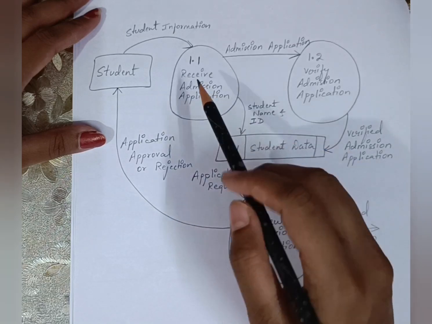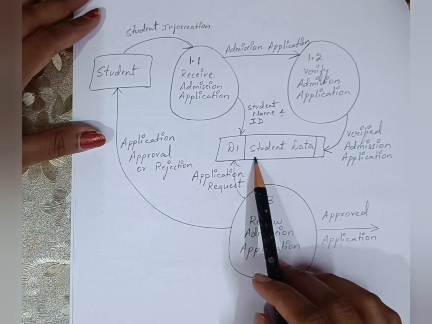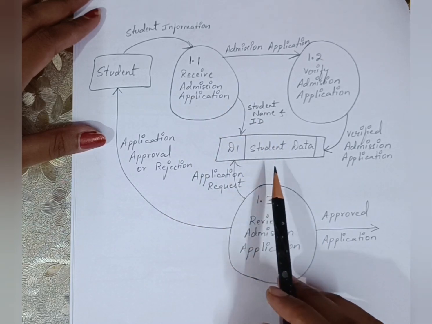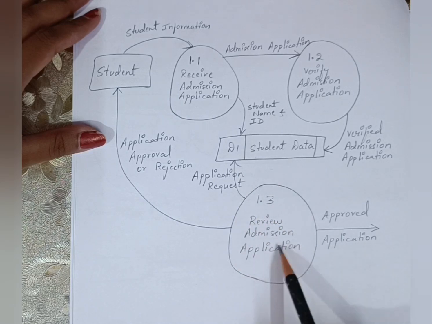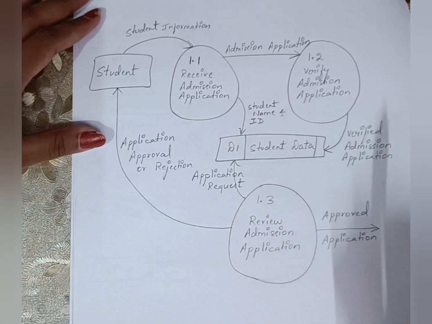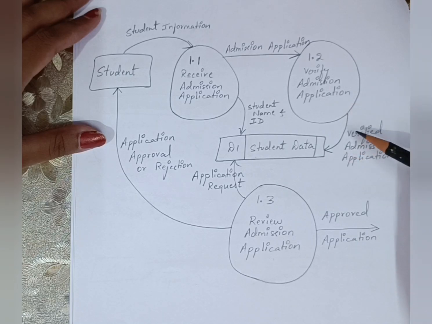So receive admission application, and then the information, student name, ID, etc., will be stored here. Then review admission application, that is viewing your information, and verify admission application, verification also will be done here.